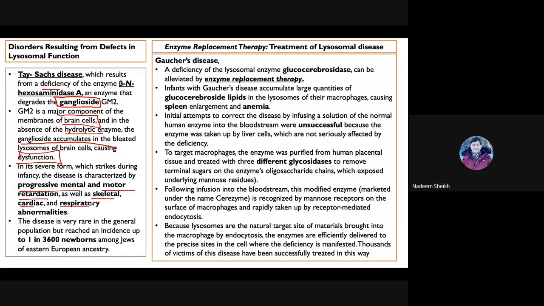So if the nervous system behaves abnormally, then all the normal activities of the body are going to suffer.